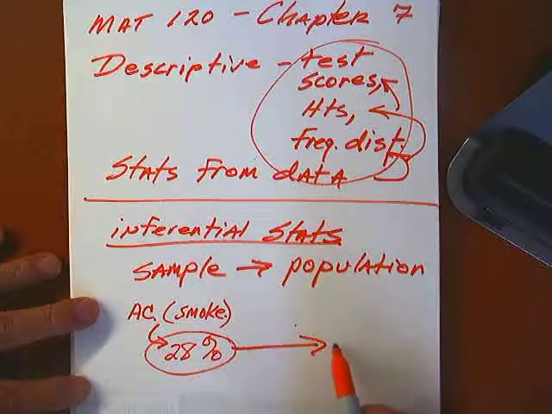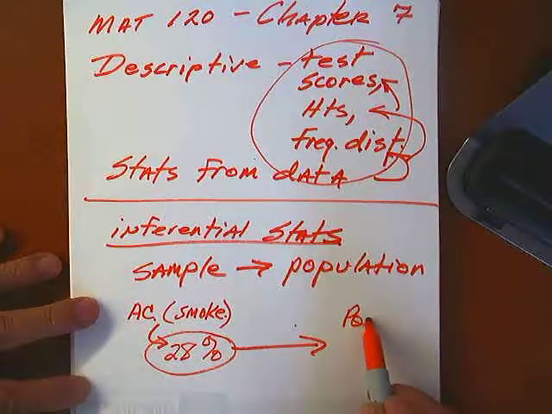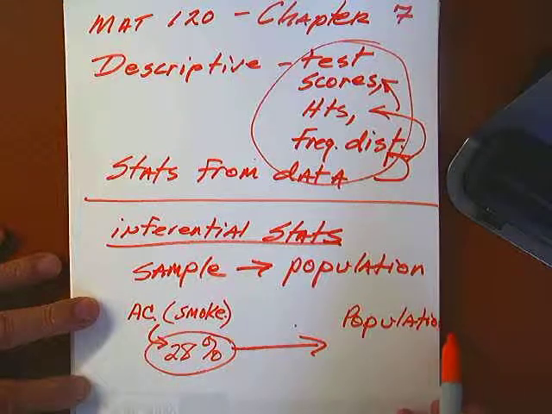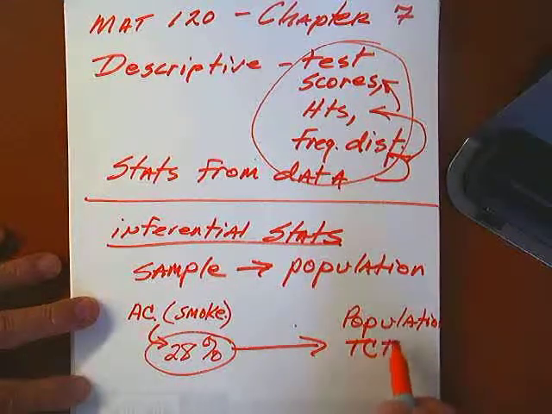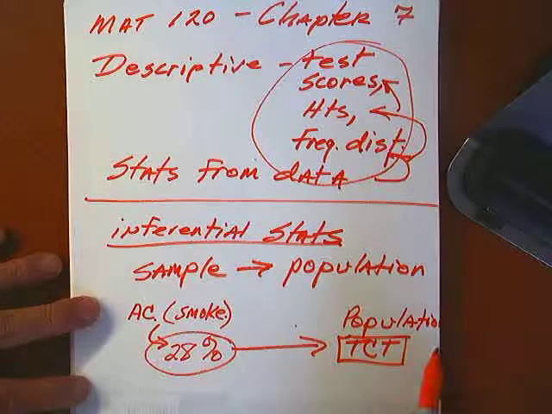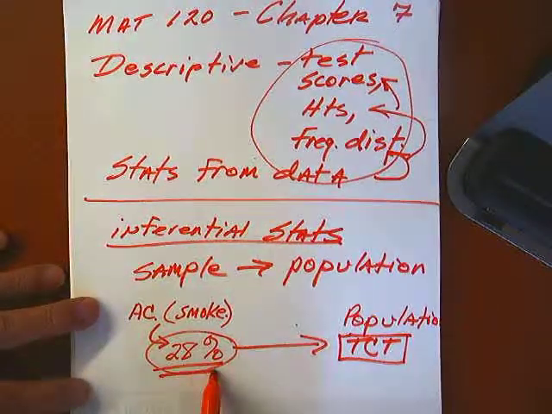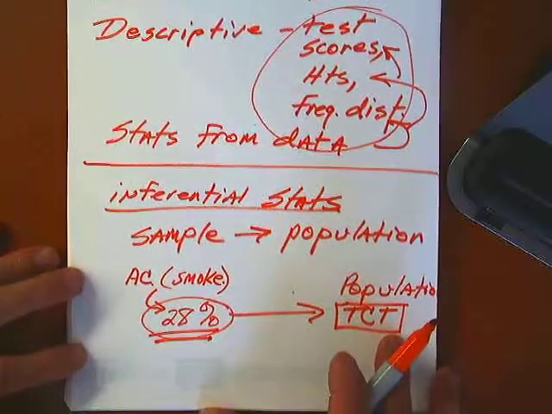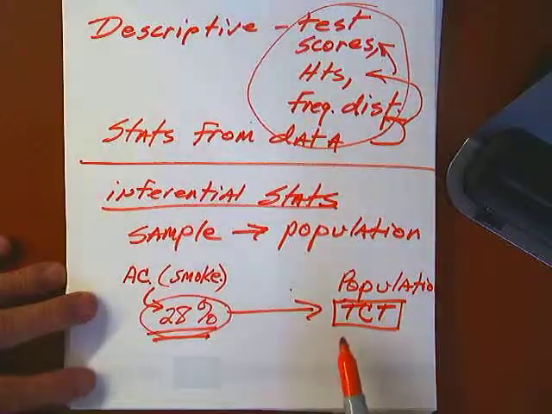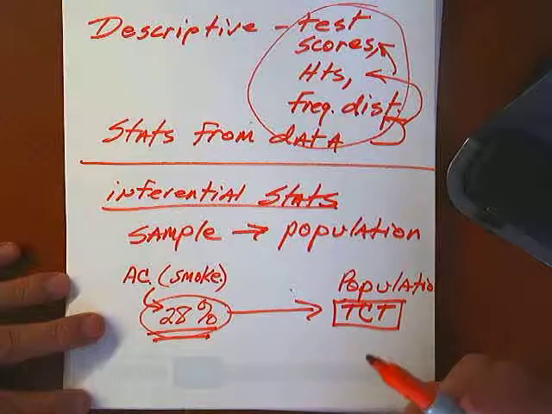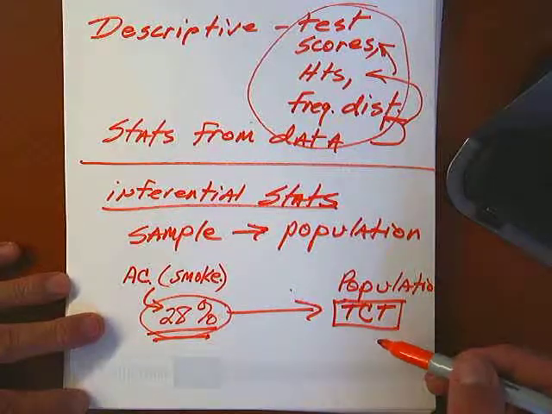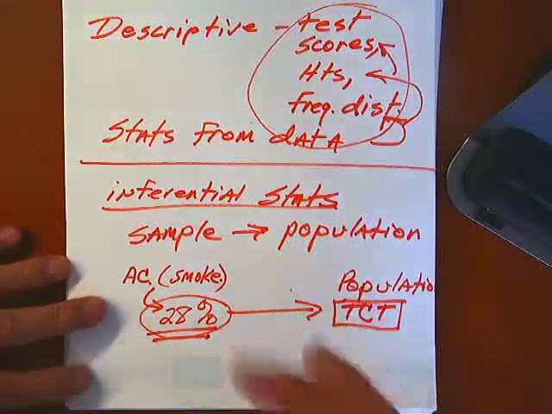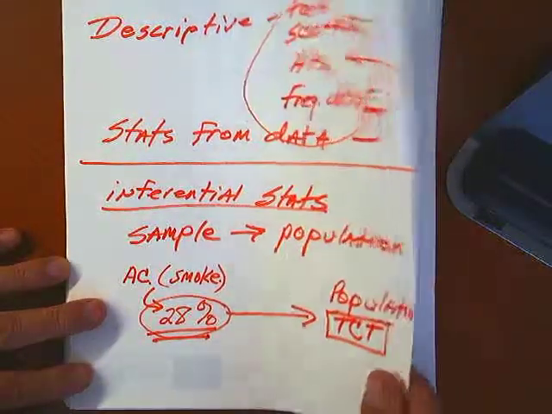Inferential statistics will take that number and run it up the flagpole, so to speak, for the population, which would be Tri-County Tech in general. And based on this number, what would be the measurement of smokers at Tri-County Tech as a whole.